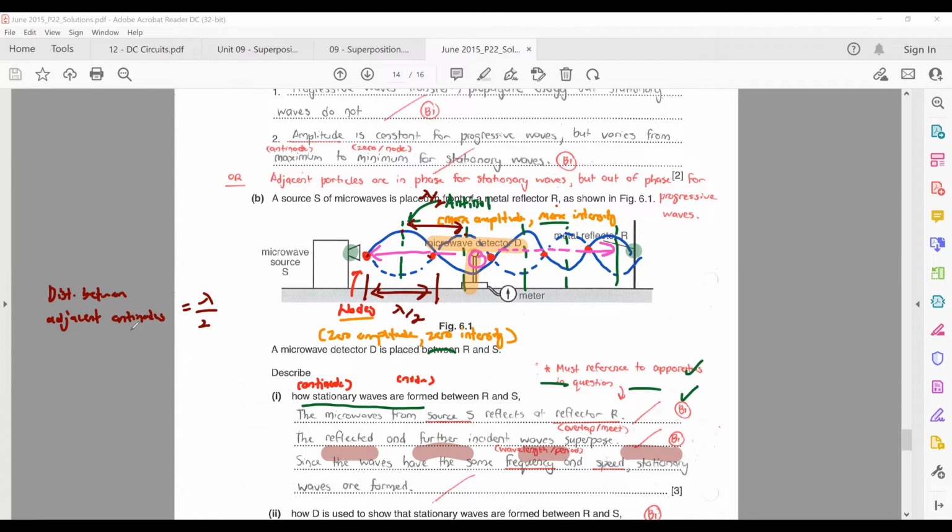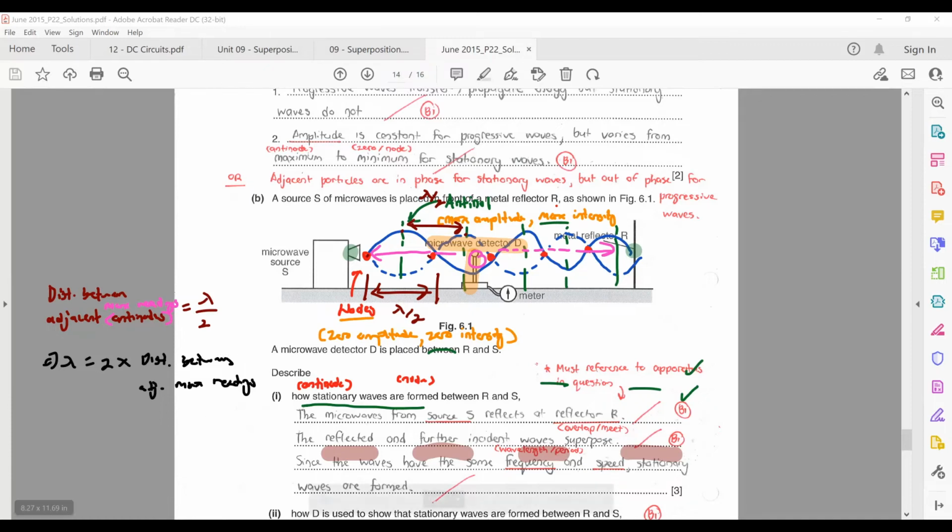the distance between adjacent antinodes could also be thought of as distance between adjacent max readings. Okay, so you try to rearrange this, you're gonna get lambda is 2 times of distance between adjacent max readings or min readings if you would.